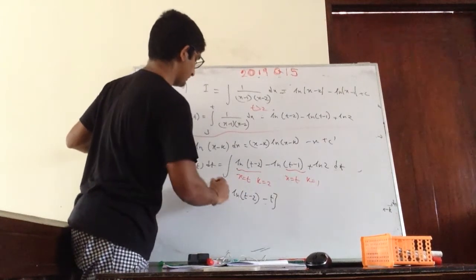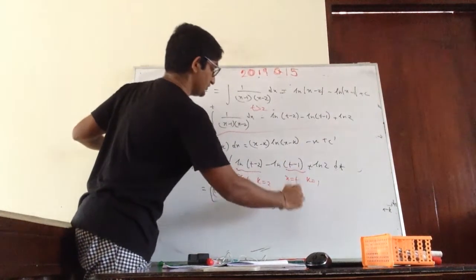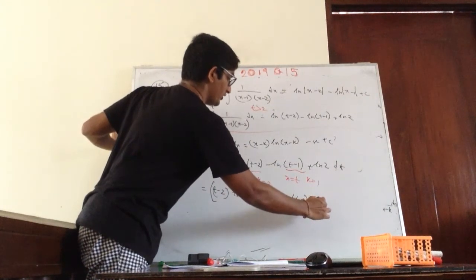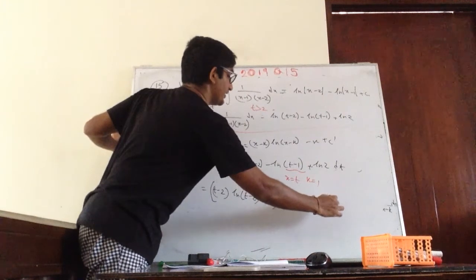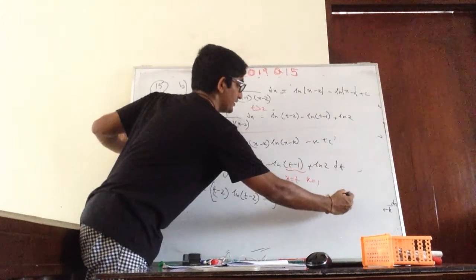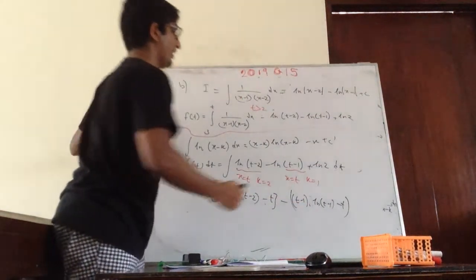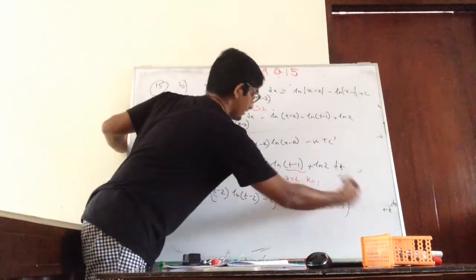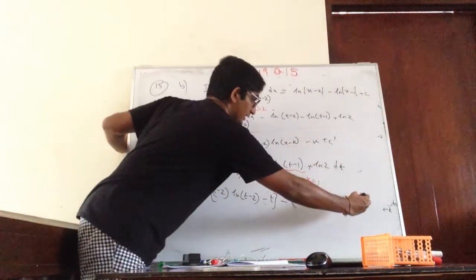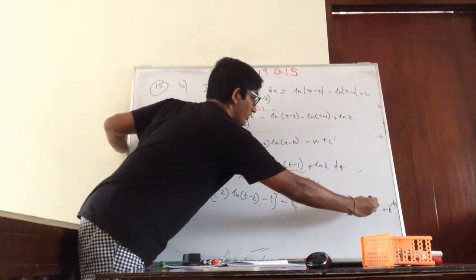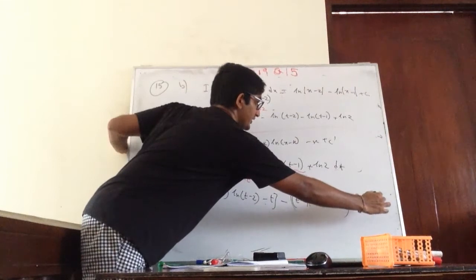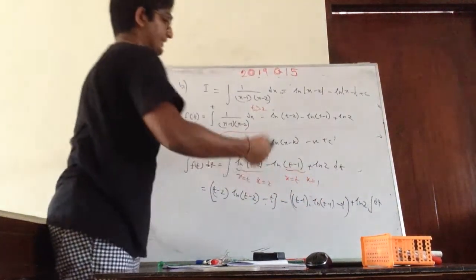That is one thing. Minus, you will get (t minus 1) ln(t minus 1) minus t, and then you need to integrate ln 2. So ln 2 is a constant, so you can take the constant out, ln 2, then you have dt. So then you will get t out of it.